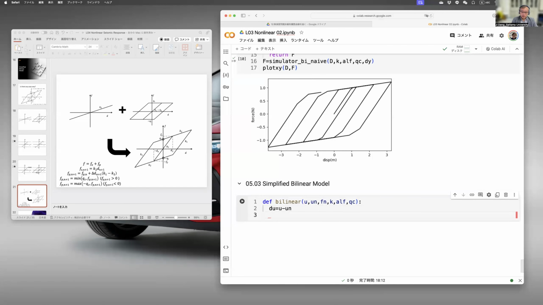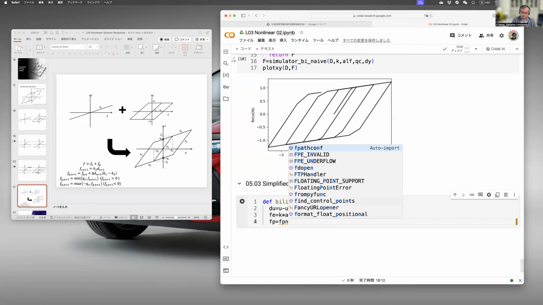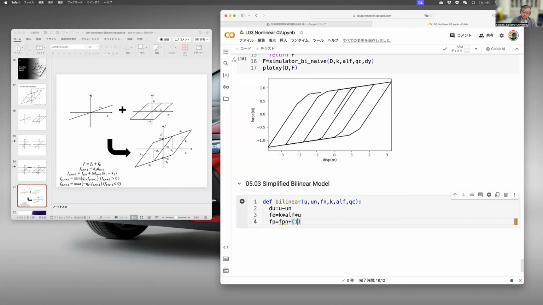Fe is equal to K multiplied by alpha multiplied by U, and Fp is from Fpn plus (1 minus alpha) times K multiplied by du.